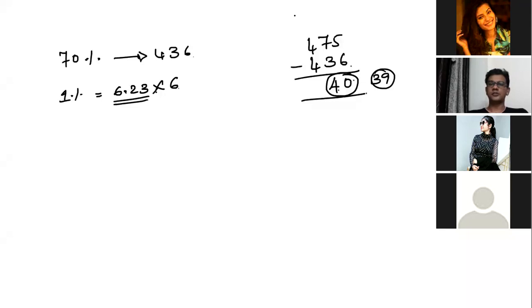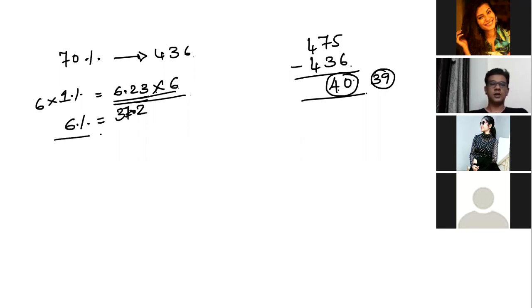A value which is 6. Okay. When I multiply this value by 6, what do I get? 6 twos are 12, 1 carry, 6 sixes are 36, 37. If I am multiplying my right hand side by 6, I should multiply my left hand side also by 6. What percentage do I get here? 6%.